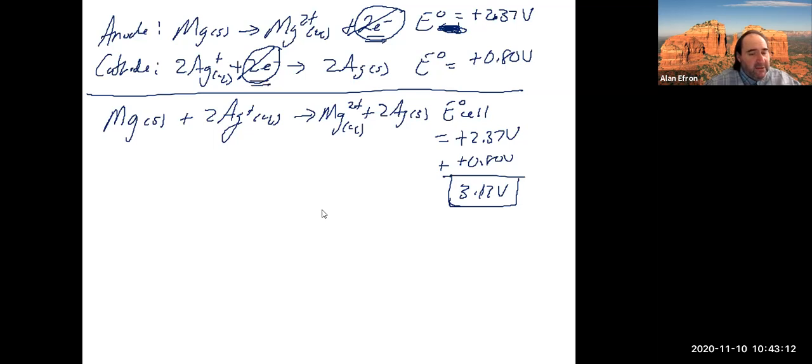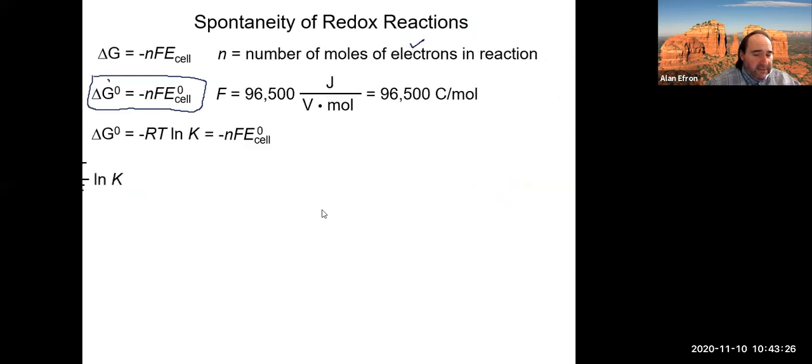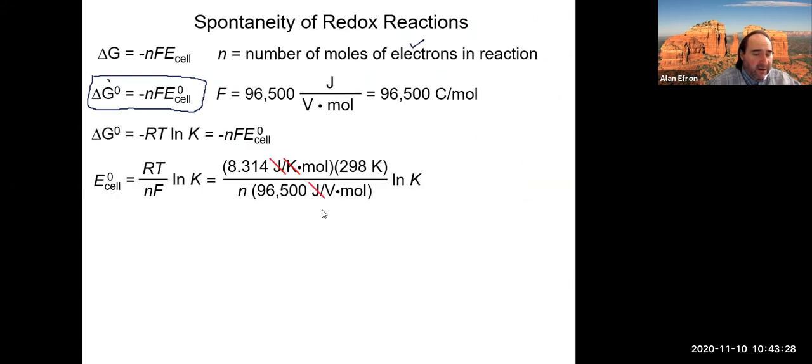So n here would equal 2. It would not equal 4, so you don't want to add those together. It would just be 2 in this case. Basically, whatever the number of electrons lost should be the same number that is gained, and that would be your n value.